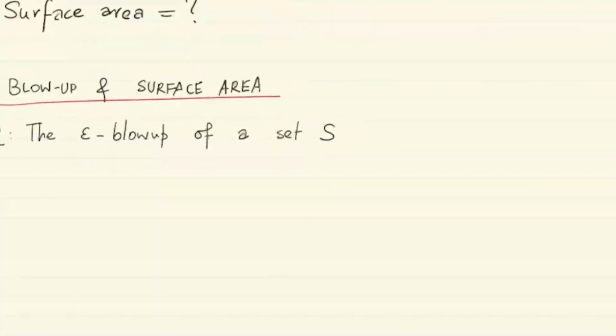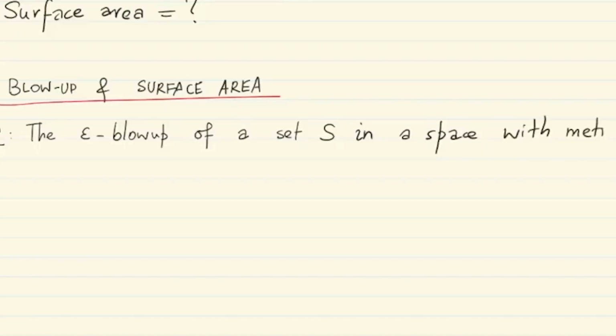So let's define for a given set S the epsilon blow-up of that set S. Note that S is sitting in a space with a metric given by D and volume measure given by vol.